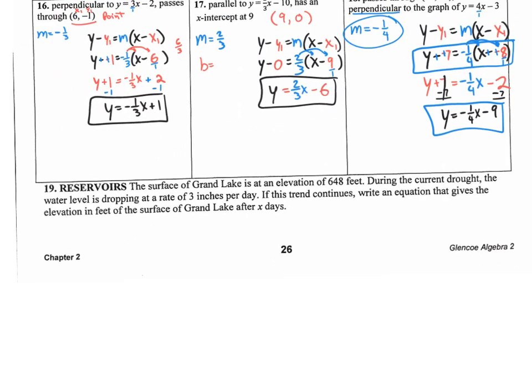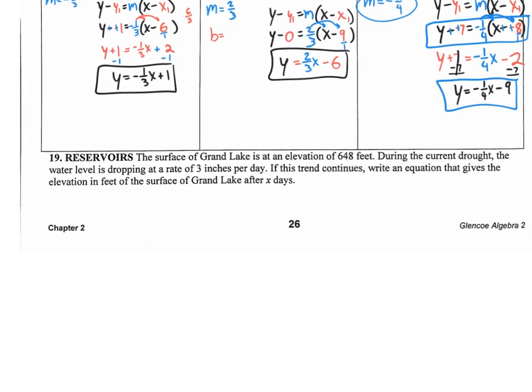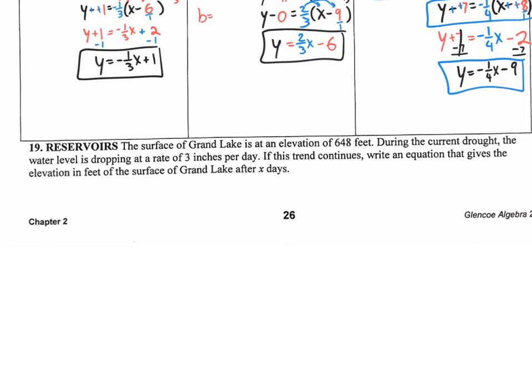The word problem at the end. Okay, so we need to create an equation. And the equation is going to be in slope-intercept form. Okay, slope is the rate of change. So the surface of Grand Lake is at an elevation of 648 feet.